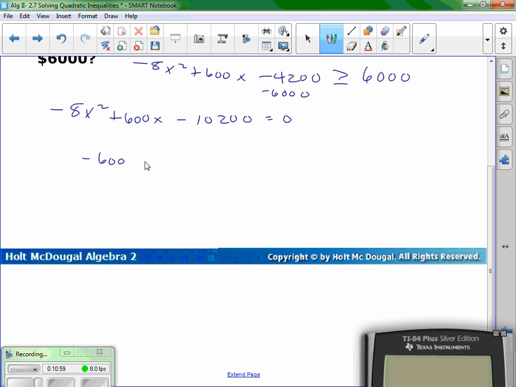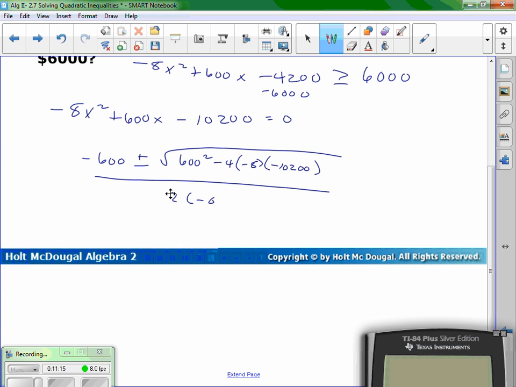Negative b plus or minus the square root of b squared minus 4 times a times c, all over 2 times a. I'm going to let the calculator help me out.